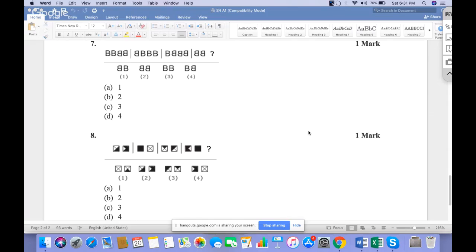Question number 7. A lot of you are giving me 7C as the answer, and 7C is the right answer.